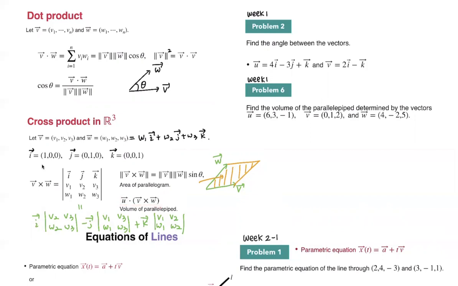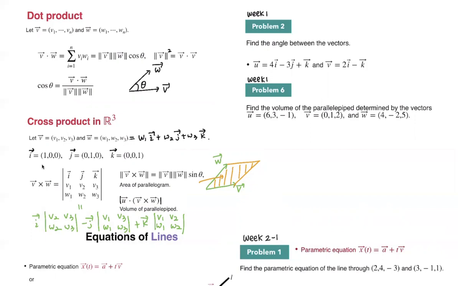So this is the volume of a parallelepiped. Since our volume is a positive number, I think it would be better to use, you know, it is not the norm. It is just the absolute value of a scalar.